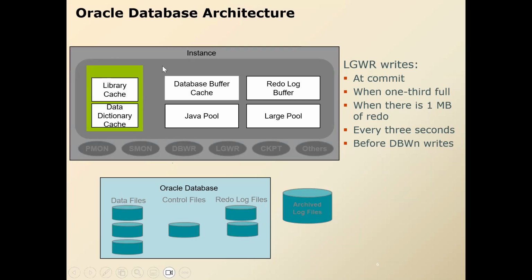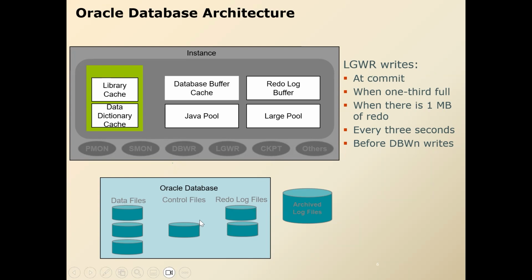Now the question comes, how do these redo log files or archive log files get the data from? The thing is, your instance has different memory components: library cache, data dictionary cache, database buffer cache, Java pool, redo log buffer, large pool, and there are other memory components. Along with it, there are background processes as well.